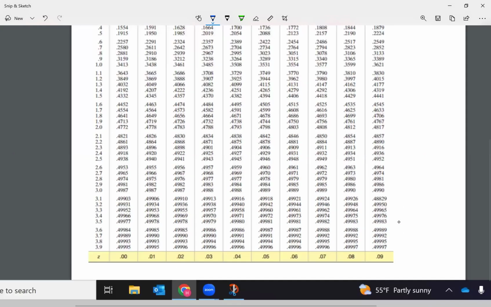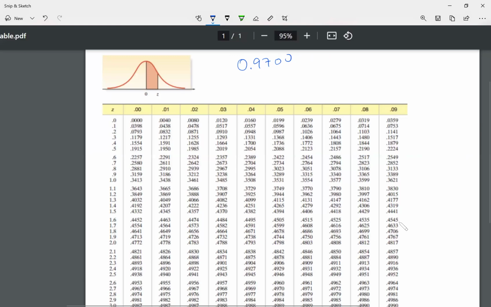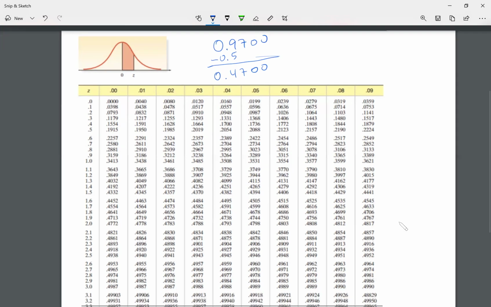The biggest it goes to is way less than that. Yeah, Mr. Leonzo, because this is only telling me half of my fishes. Okay, so let me take half of it out. So let me take away 0.5. So I'm looking for 0.4700. Now that number will be here, 0.4700. It's in between here.